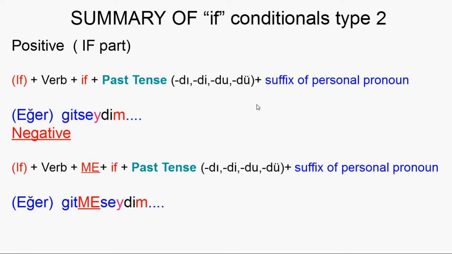Now let's see the summary of the if conditional types. Positive part: if plus verb, suffix of if. So these are Turkish forms. Okay, guys. If plus verb, after suffix of if, suffix of past tense, then suffix of personal pronoun, which means eğer, in brackets, gitseydim, with y as a connecting word, gitseydim, which means I. In negative form you only put the negative suffix me in Turkish, very easy.